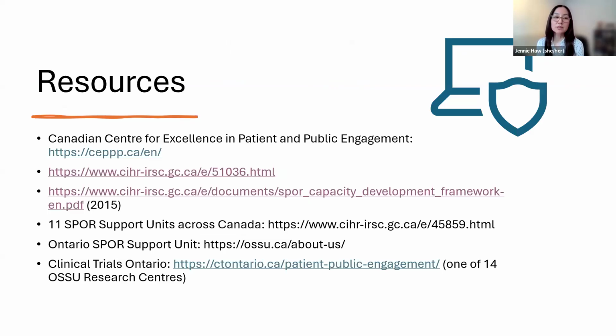The Ontario SPOR Support Unit just celebrated their 10-year, I believe, anniversary. And they have a lot of really good resources as well, if you want to check them out. And then one of the 14 OSSU research centres, the Ontario SPOR Support Unit research centres, is Clinical Trials Ontario.